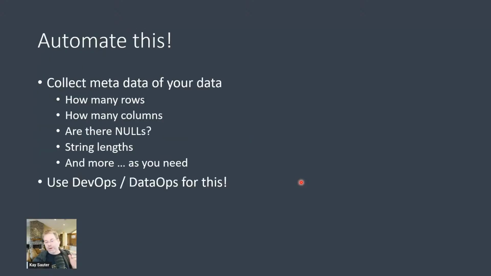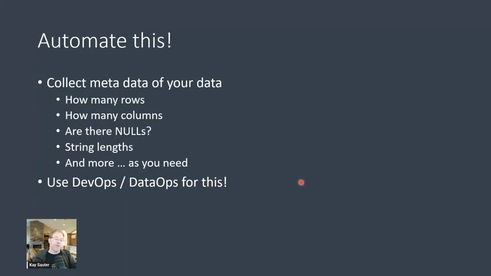Yes, of course, we want to automate this. We want to solve this problem as quickly as possible, and with PySpark we have the possibility to find this very quickly. For example, we can count how many rows and how many columns we have read. If we get the data, we usually also create a table, and the table defines how many columns are in there.